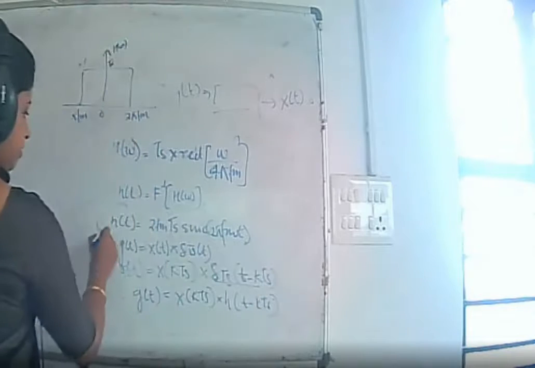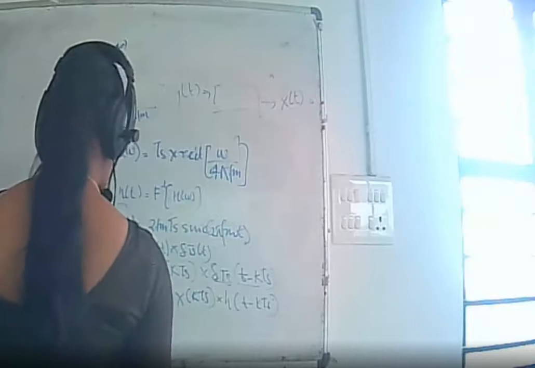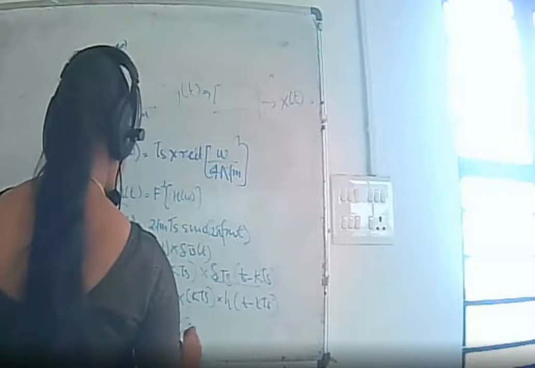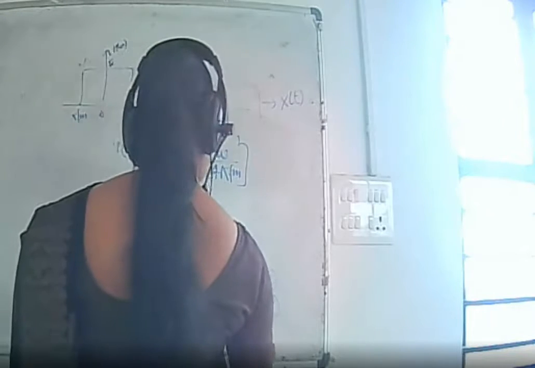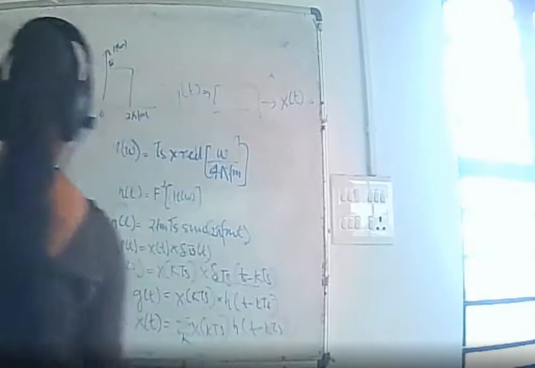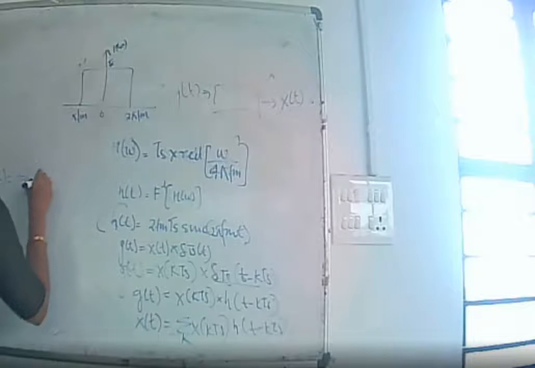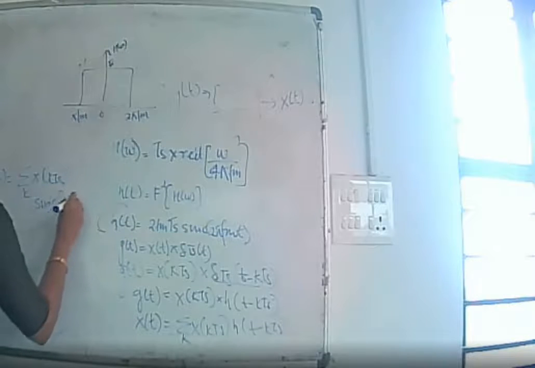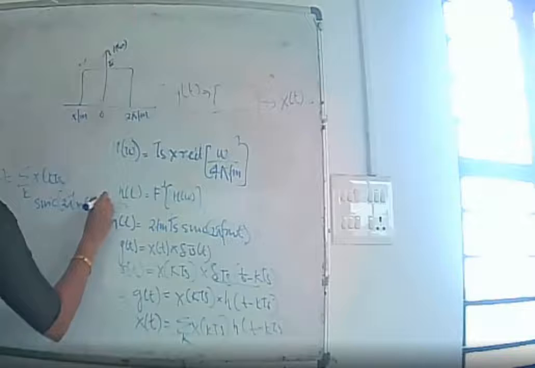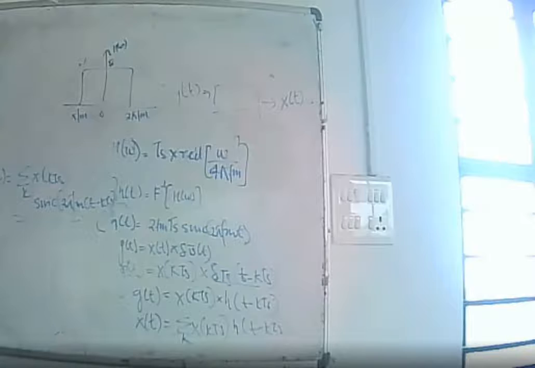Substituting the formula for h of t, we get that x of t is nothing but summation k x of kTs h of t minus kTs. This is our reconstruction formula or interpolation formula.